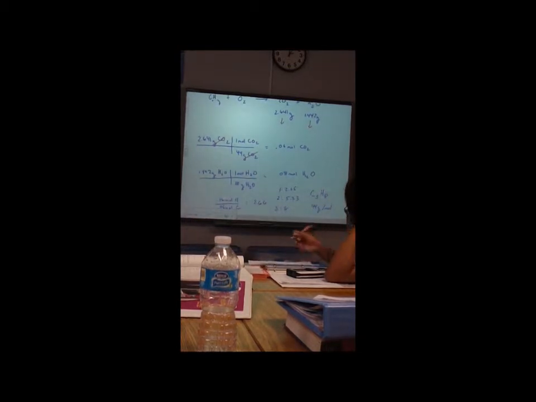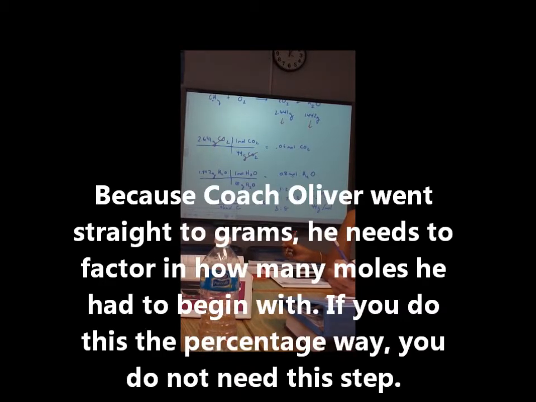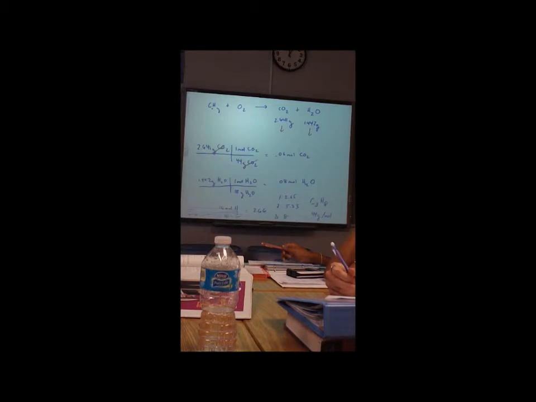So you have to double this number of moles of water to get the number of moles of hydrogen. So when this quantity of propane combusts, it actually produces 0.16 moles of hydrogen.